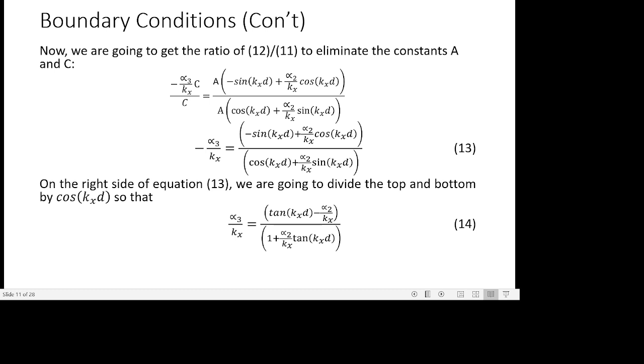Now what we are going to do is to apply the theorem for this alpha 2 divided by kx, alpha 3 divided by kx. Actually, the tangent of this, remember, right?